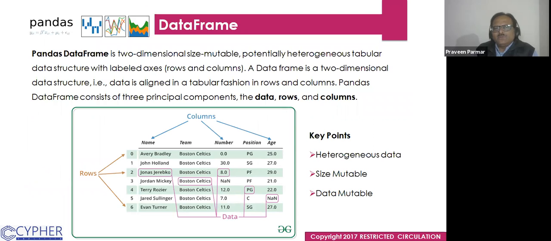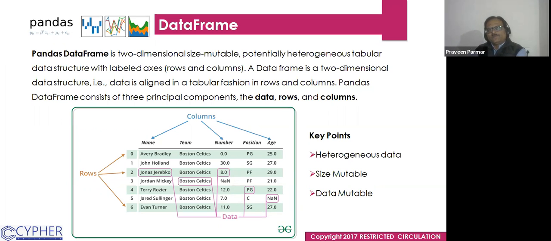Pandas data frame, you see, is just like an Excel sheet, or we have already worked with this: a two-dimensional size mutable potentially heterogeneous tabular data structure with labeled axes, rows and columns. The rows you always get in the default indexing 0, 1, 2, 3, 4, 5, and later on you could index whatever you want. You see the column names: name, team, number, position, age.